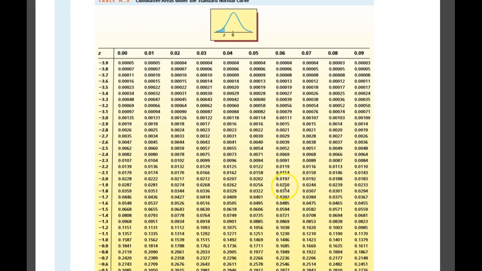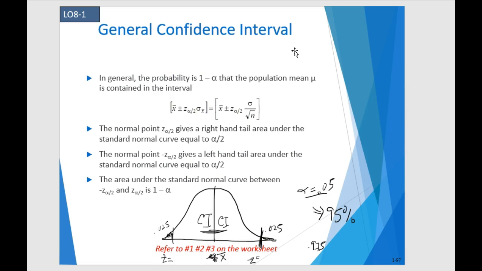I'm on this line right here, and we see 0.025 in here. That corresponds to the z value of negative 1.96. So this is equal to negative 1.96.